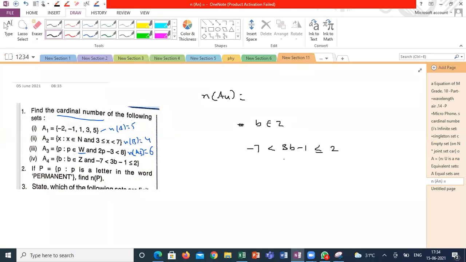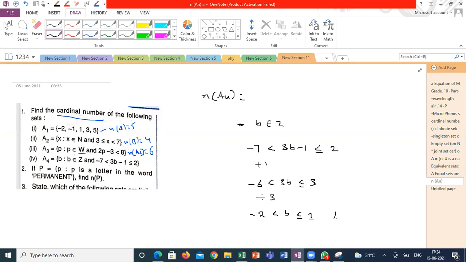I am adding +1 to the whole equation. So -6 less than 3b less than or equal to 3. I am dividing the whole equation by 3. -2 less than b less than or equal to 1.